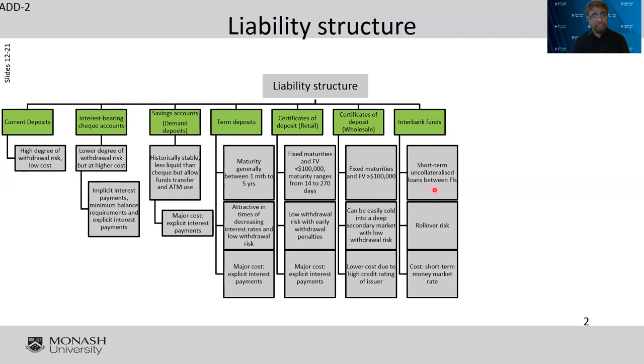And this is between financial institutions. This is issued based on the market rate. And when it is based on the market rates, it keeps fluctuating, and the cost is the short-term money market rate.